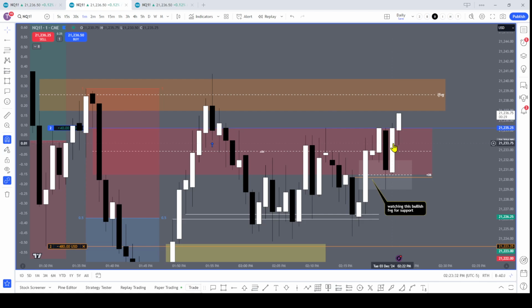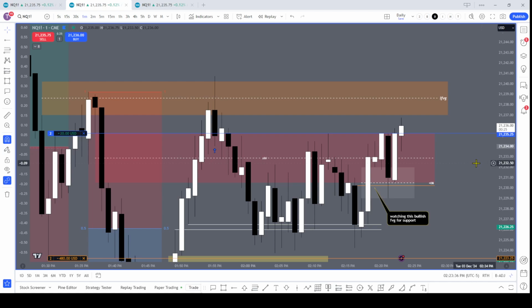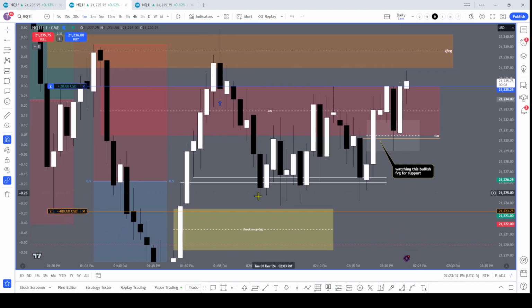Came down. We've been underwater this whole time, watching these PD arrays and these levels for support.